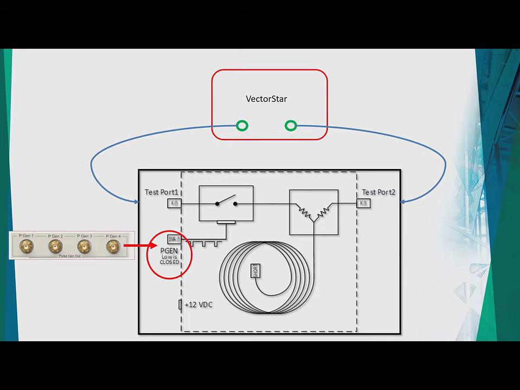You can see that the PGen low is closed. That means whenever we have to close the switch here to the RF side to make it pulse, all the pulse modulation is happening in this box, so we have to have the pulse generator signal coming in to be on the lower side.